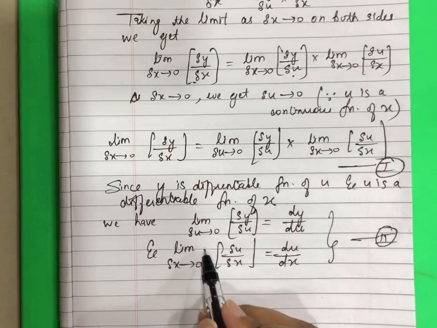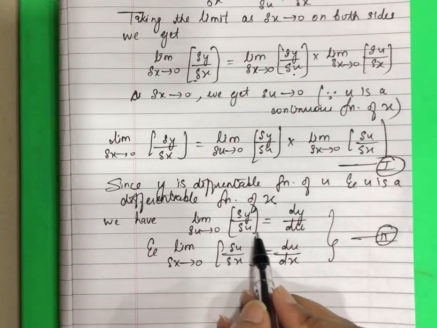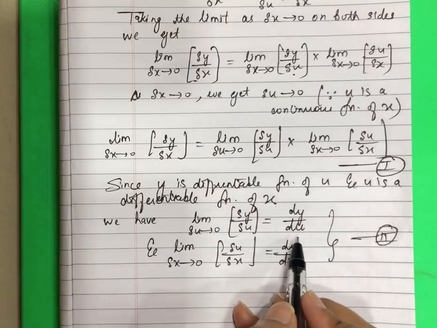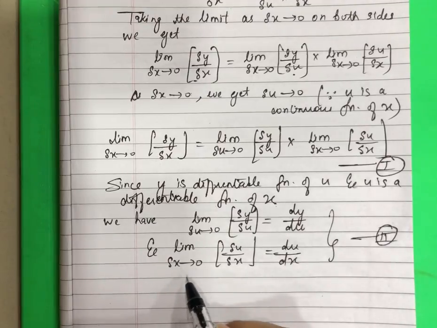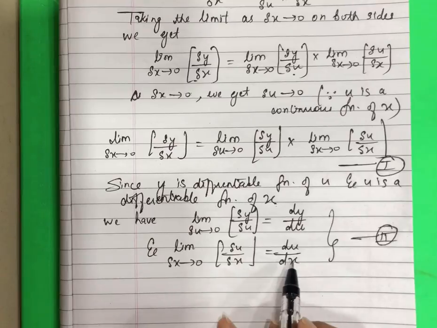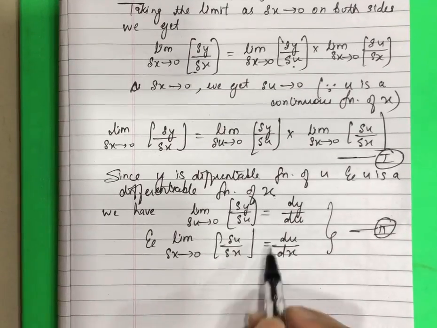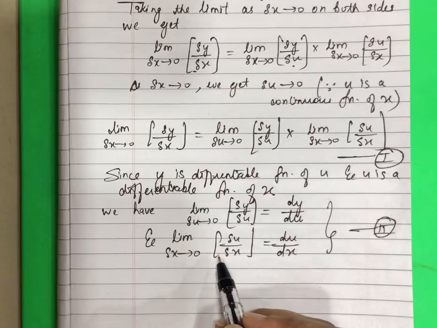Understood, guys? This is limit del u tends to 0 of del y upon del u is equal to dy upon du, and limit del x tends to 0 of del u upon del x is equal to du by dx, by using the first definition and the given conditions in the question.